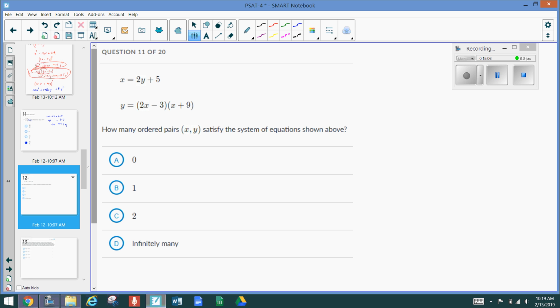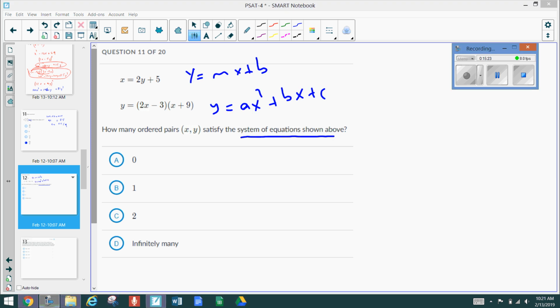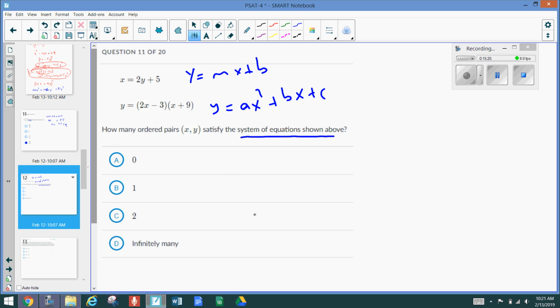So in this case, how many ordered pairs satisfy the system of equations shown above? So how many ordered pairs? What is your suggestion? America said that this is a parabola, correct? Is that what you're saying, America? And this is a line.